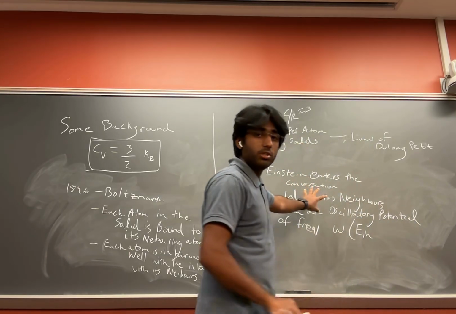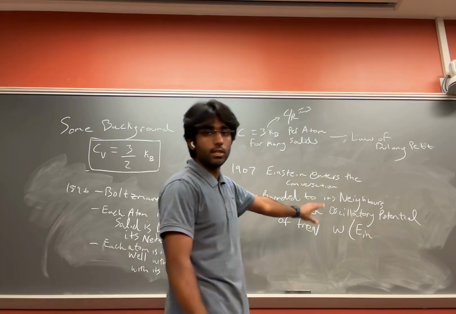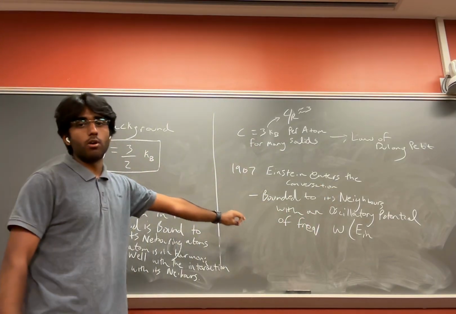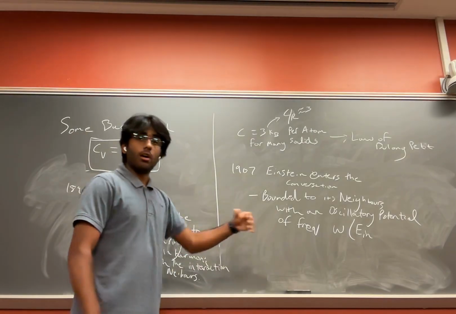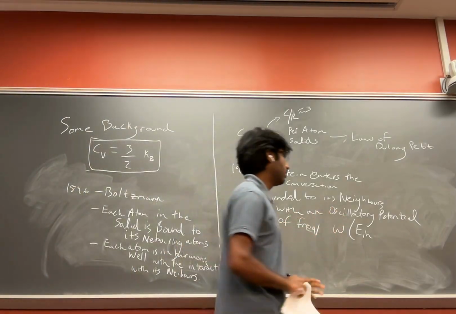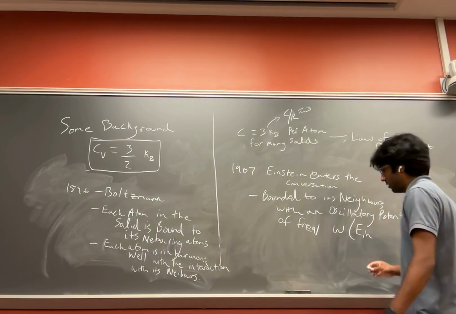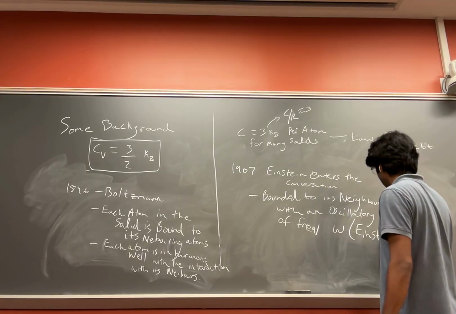So every atom was bound to its neighbor with a potential energy of the form of some sort of spring with some frequency omega, known as the Einstein frequency today.